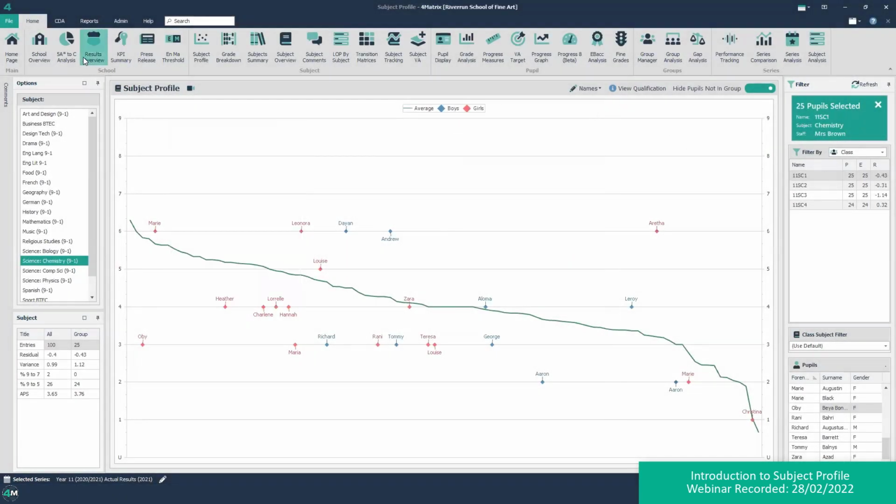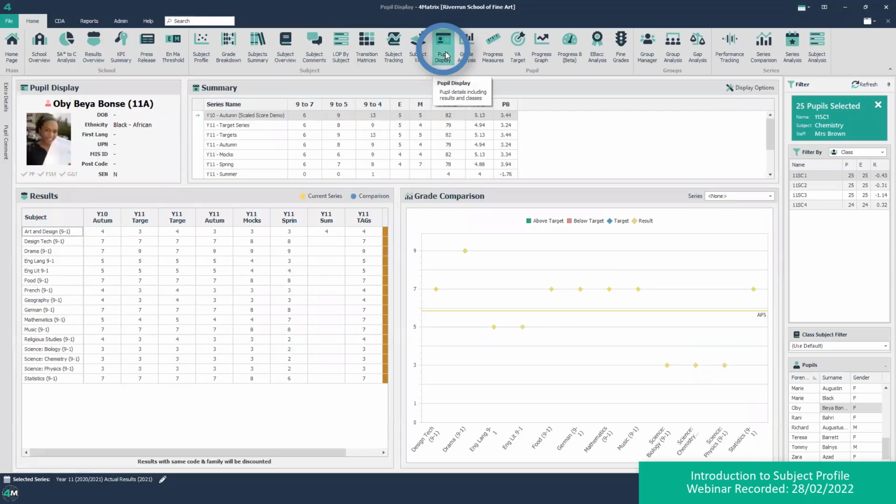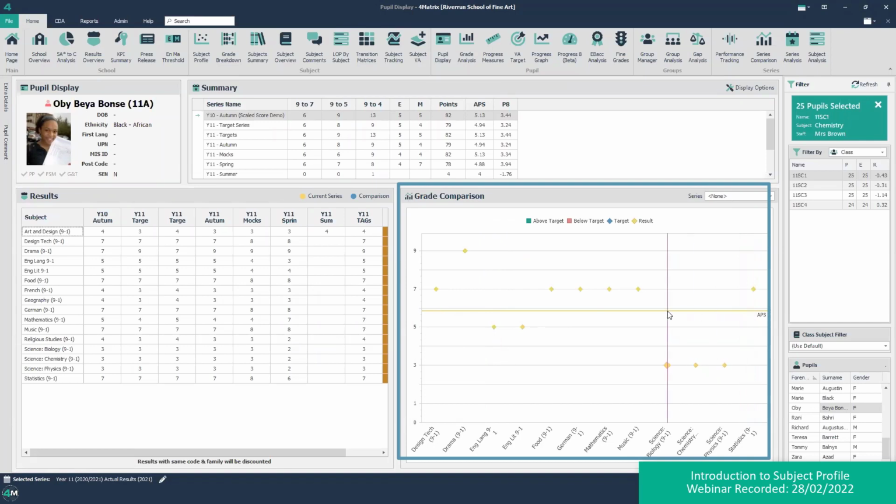When we're looking at individual pupils, the pupil display tool is also quite useful for this. So again, we've got Obi selected. This yellow line represents her average grade. So you can fairly clearly see there, science is not a particularly strong suite of subjects for her.